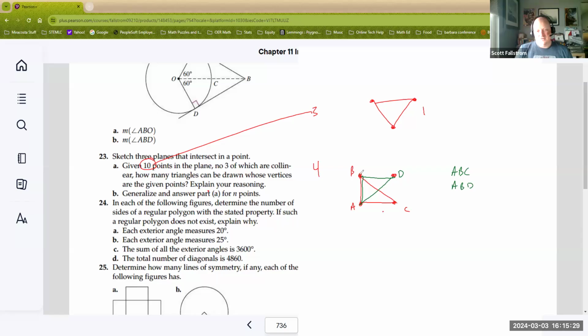Yeah, because I could also have A with C with D. Let's take a look at that one. I'm going to make my line a little bit thicker so it shows up nicely. A with C with D. Okay, so I can see 3 different triangles right there.